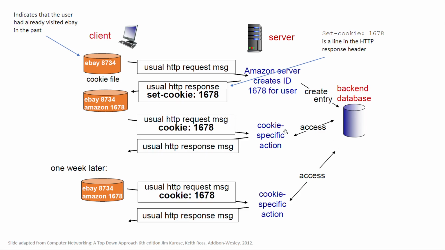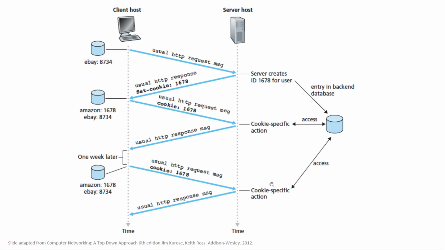Depending on their previous actions, Amazon can now take a specific action. For example, it can show you a web page where the items on the main page are something that you actually searched for one week ago. So this is how commerce sites use cookies. They can use them for shopping carts and so on. So here is a similar picture.